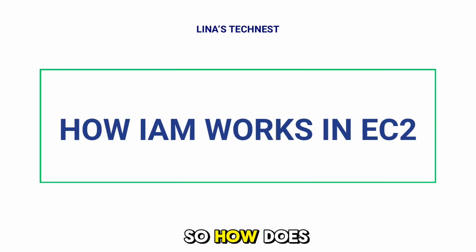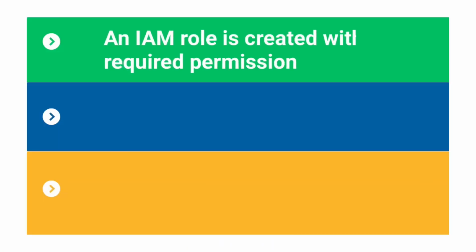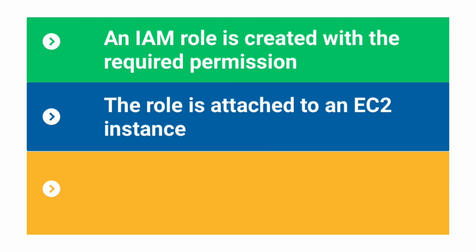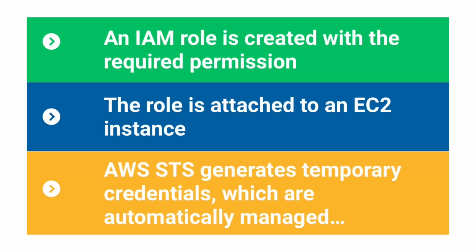So how do IAM roles work in EC2? An IAM role is created with the required permissions. The role is then attached to an EC2 instance, and AWS STS generates temporary credentials which are automatically managed. This eliminates the risk of exposing long-term credentials.